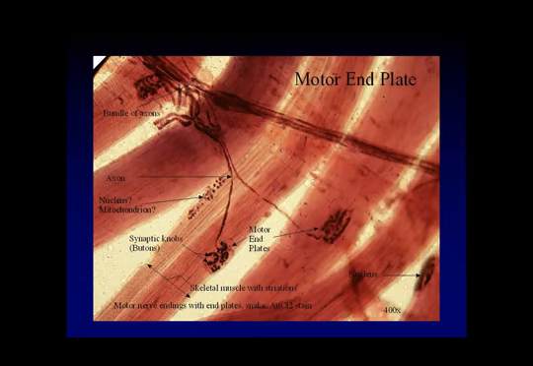The special synapse that occurs at the end of a motor axon, where it comes into close contact but does not actually touch individual muscle fibers, is called the neuromuscular junction.